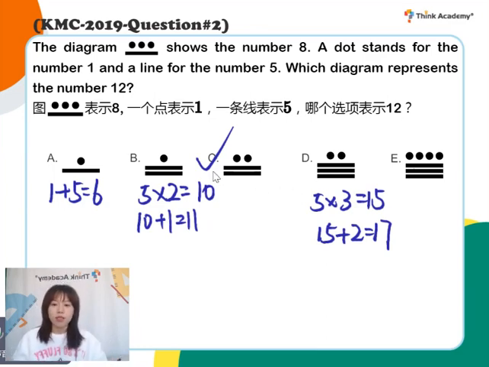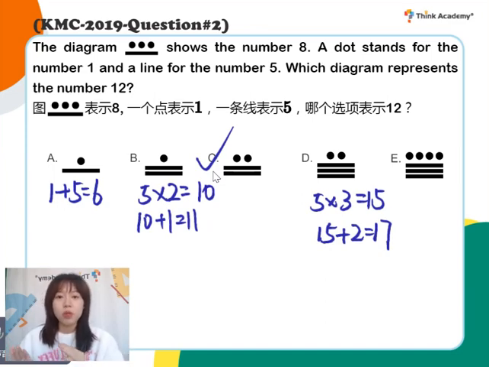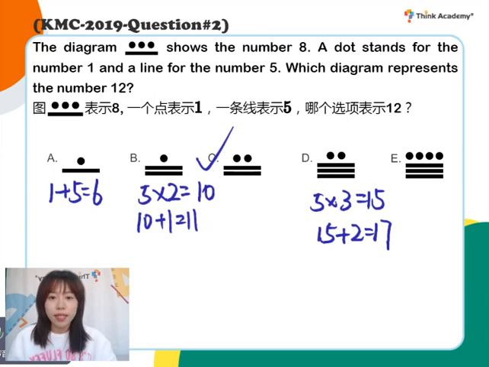So the answer is option C. If you have a good number sense, maybe you can just think, can we split 12 using number 1 and number 5? Then you can maybe find it's option C. But if you can't, don't worry, we can just calculate the options one by one. Also, you can find the answer is option C.